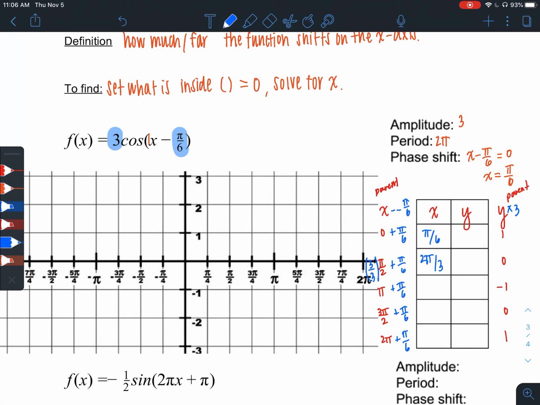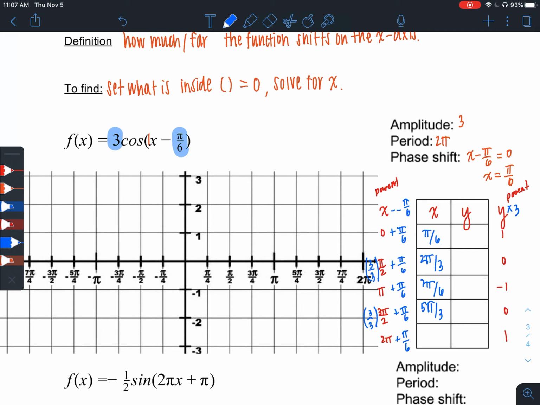6 pi over 6 plus pi over 6 is 7 pi over 6. Then we get 10 pi over 6, or 5 pi over 3. Is that right? Times 3 over 3 is 9, 10, yeah.